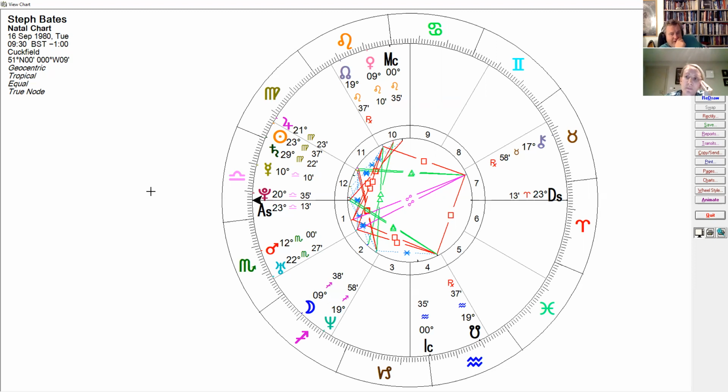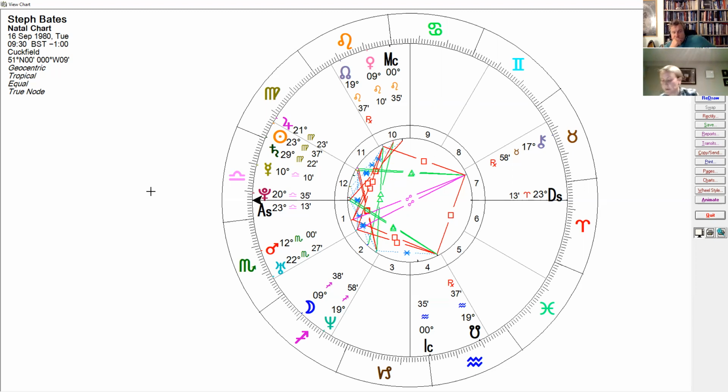Someone with lots of planets in Pisces can totally sacrifice themselves for others. What I'm trying to say is it's good to sometimes focus on yourself, and so your Mars focuses on yourself, and your Moon. So that's good, right? You see what I'm trying to say there? Does that make sense? Yeah, it does.